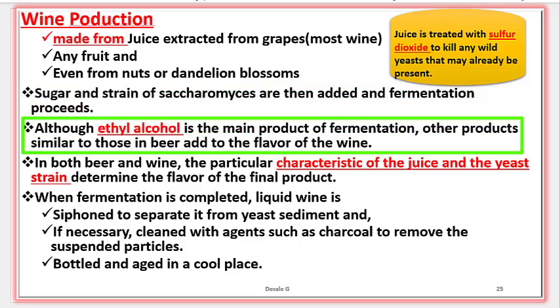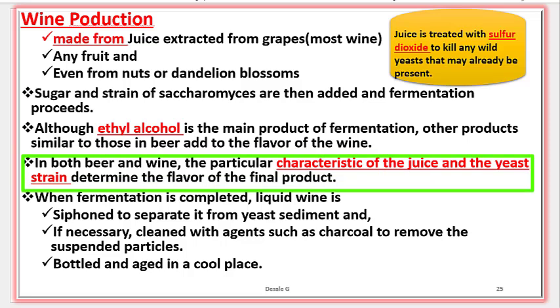Like beer, although ethyl alcohol is the main product of fermentation, there are also other products similar to the beer, like amyl alcohol, isoamyl alcohol, acetic acid, and butyric acid, which add flavor to the wine. So in both beer and wine, the particular characteristic of the juice and the yeast strain determines the flavors of the final product.